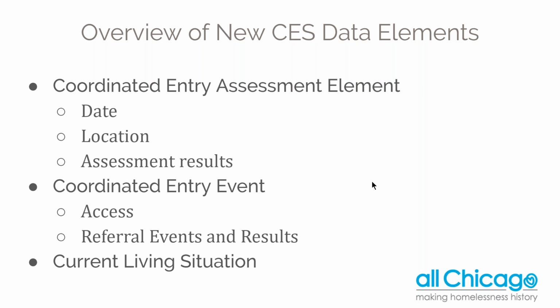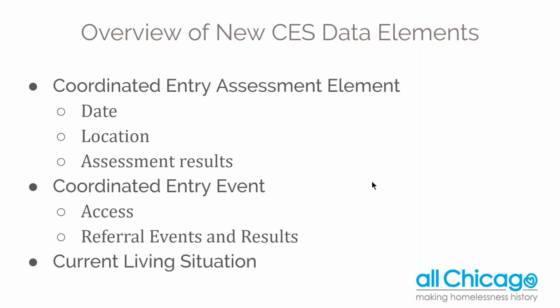So it may be interesting to know that the current living situation for skilled assessors is really going to be pretty important, right? We have a lot of people that have been assessed by street outreach, by drop-in centers, and that client's current living situation may change pretty frequently, but they may not be in the system. They may not be living in an emergency shelter, permanent housing, or whatever it may be.